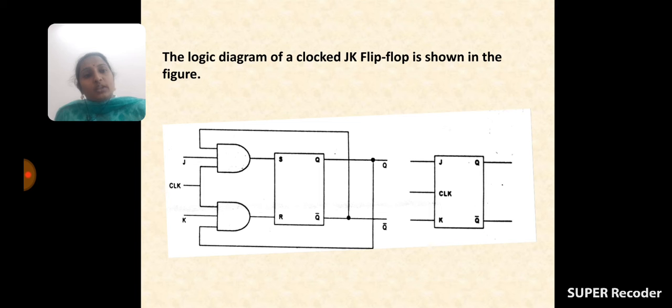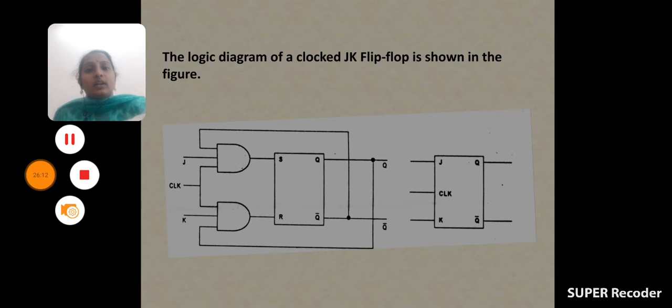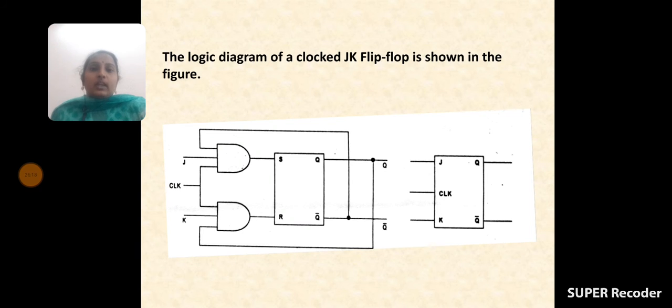The two inputs J and K are applied with the help of what? The clock pulse. With the help of the clock pulse, if we apply the two inputs J and K, the output changes.